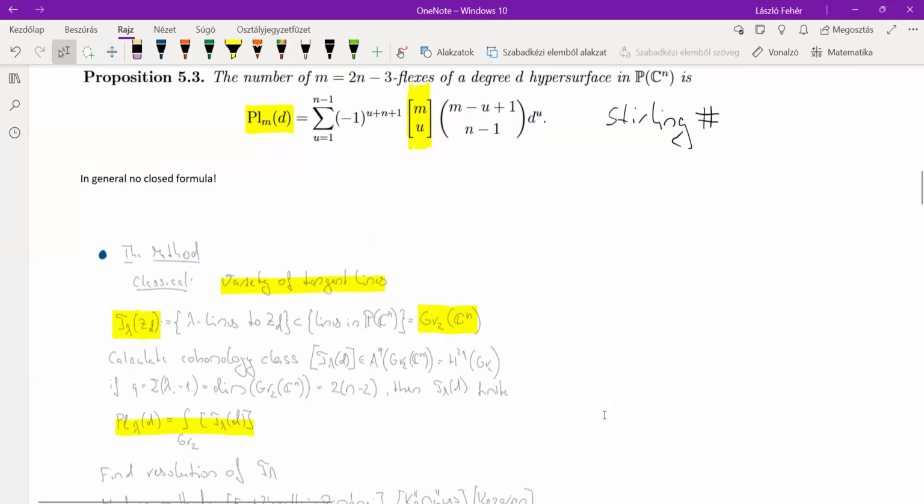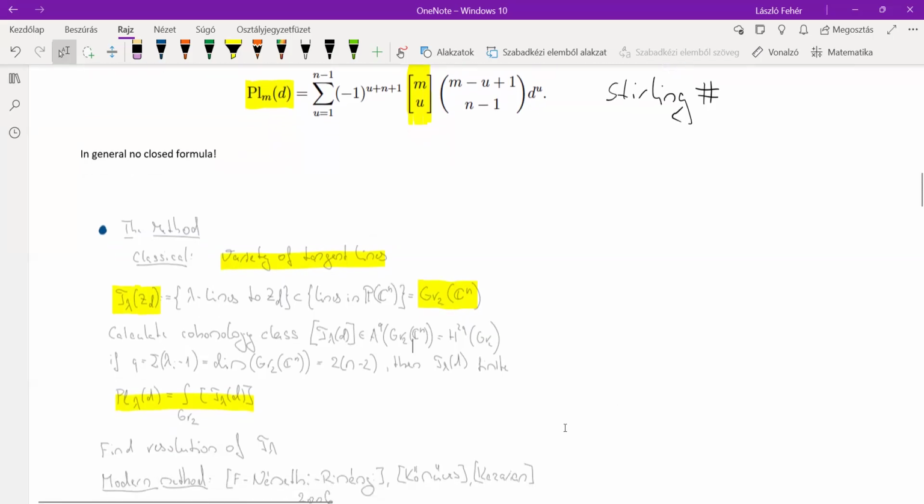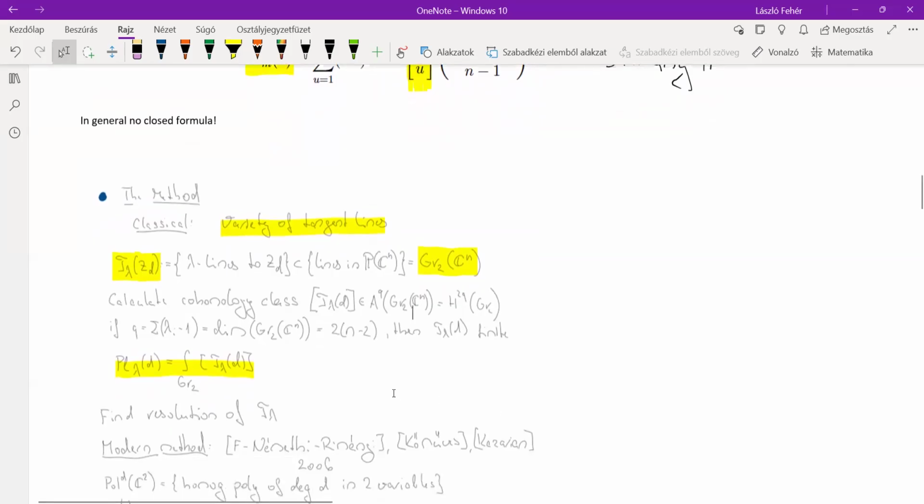this variety. And if this variety of tangent lines is finitely many points, then the Plücker number is given by this integral.